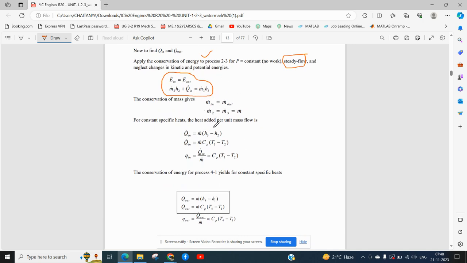You can see here the specific heats are given, and the new term is enthalpy. Enthalpy is taken as a property, so delta H is written as H3 minus H2.